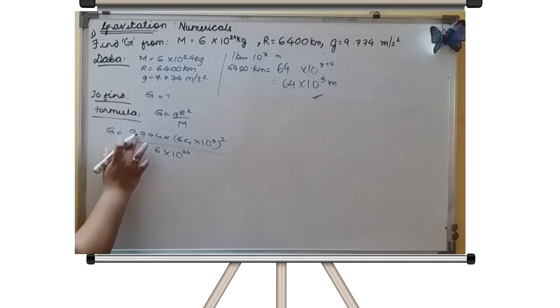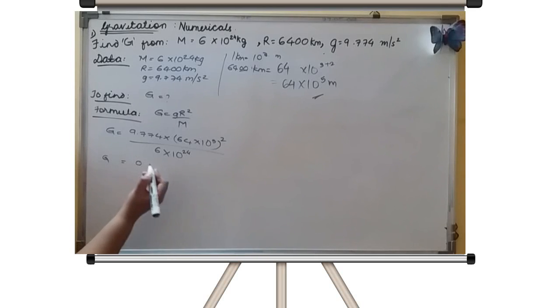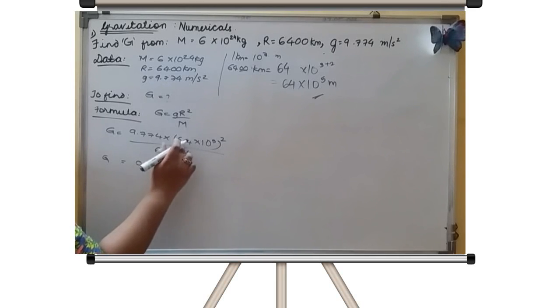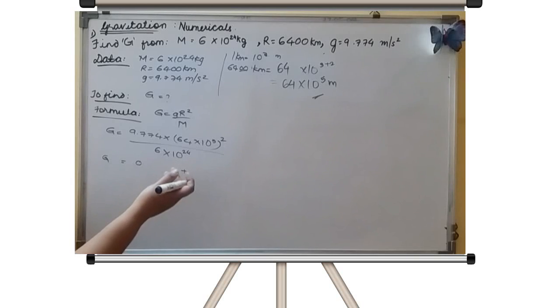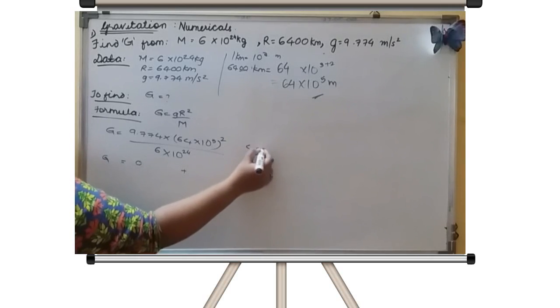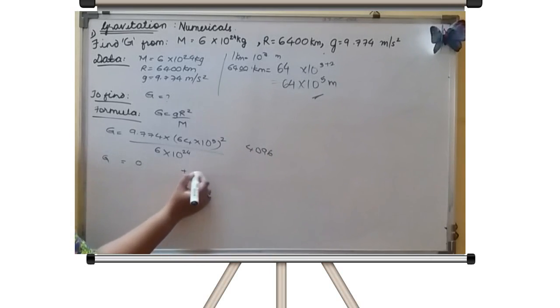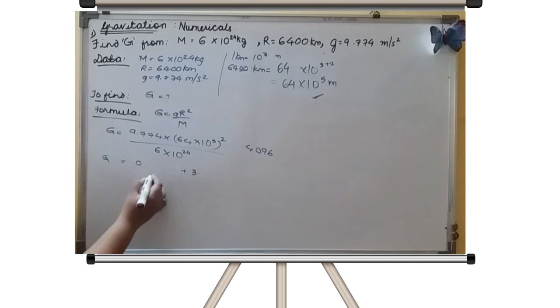So let us see, this has one digit, so 0 point, plus this has 2, square of 64 is 4096, so 3, 4 minus 3 is 4 minus 1 is 3, 3 point, and whatever it is in the denominator will get subtracted, so this will be 0 point.